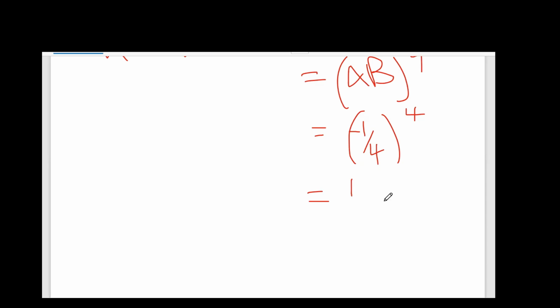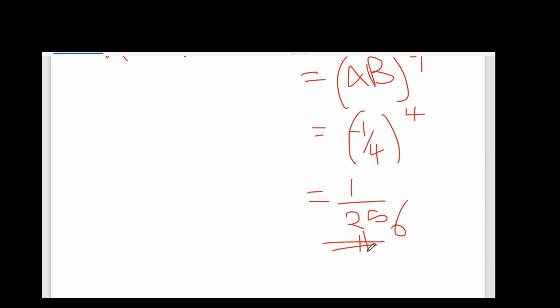Then down here, what is 4 to the power 4? 4 times 4, 16. 16 times 4 is 256. So here it will be 256. So this is your answer here.